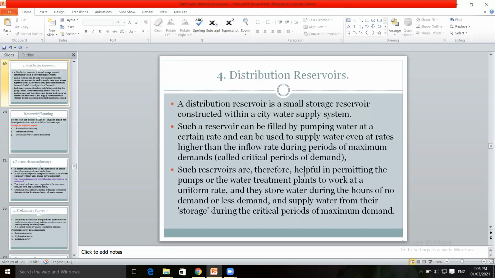The water stored during the period of less demand is utilized during the hours of peak demand, and it is distributed at uniform rate through this distribution reservoir.